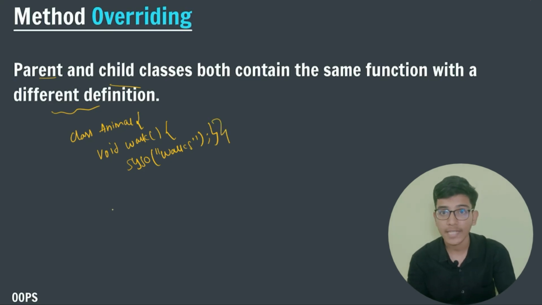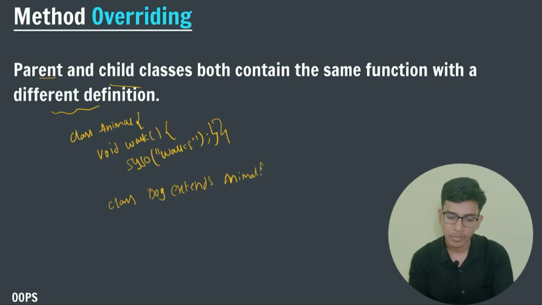Now I am going to create its child class, that is class dog. So dog is a part of animal, so I am going to inherit the class of my parent class. So I am going to write extends animal class. In this I am writing the same function, that is void walk. You can see that the function name is the same on both sides.